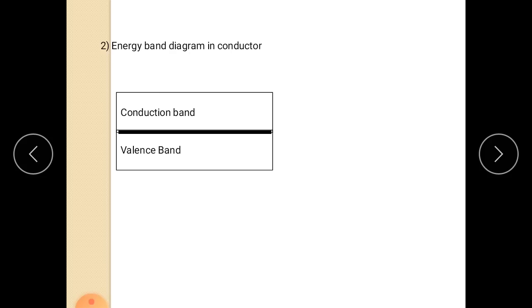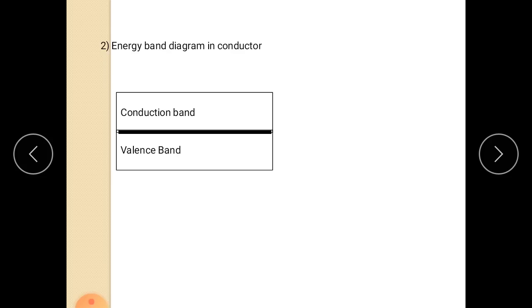No forbidden energy gap, so the electrons can easily jump to the conduction band, which gives the availability of a large number of conduction electrons.